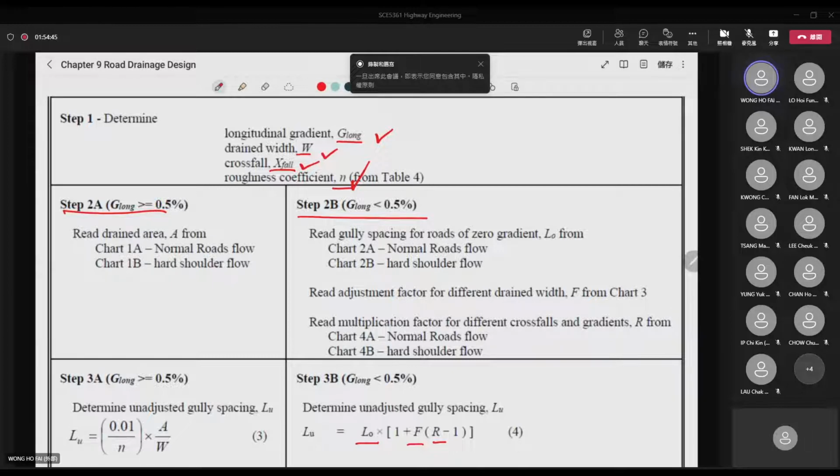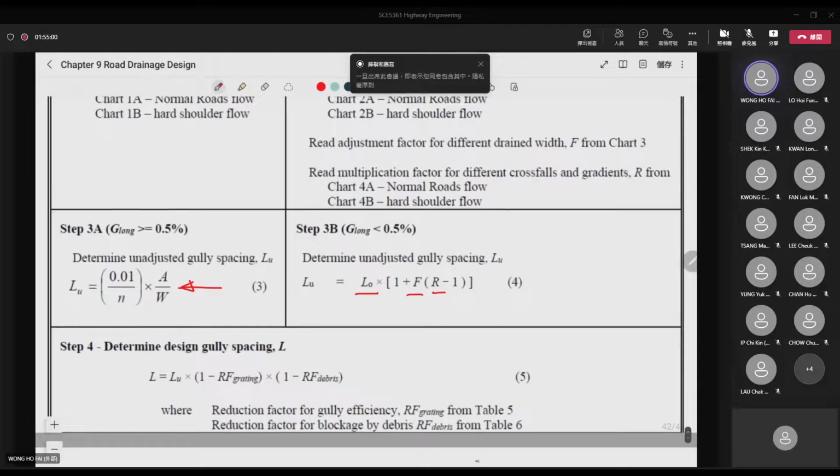For step 2A, the longitudinal gradient is larger than 0.5% because it is 1 point something. Then we should use this equation. Do you agree? This equation is 0.01 divided by n, and then times A divided by W, right? Do you agree?